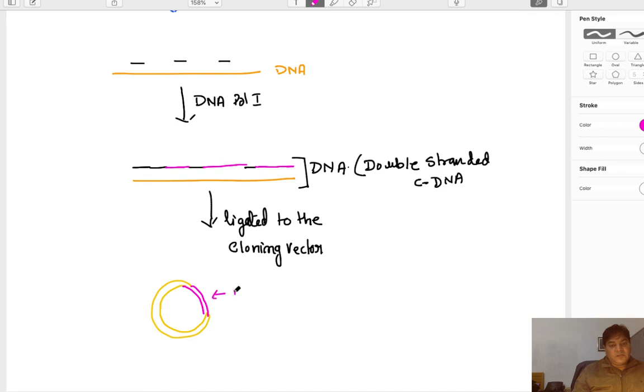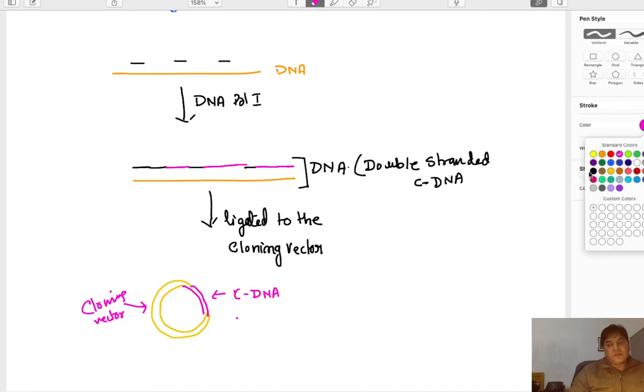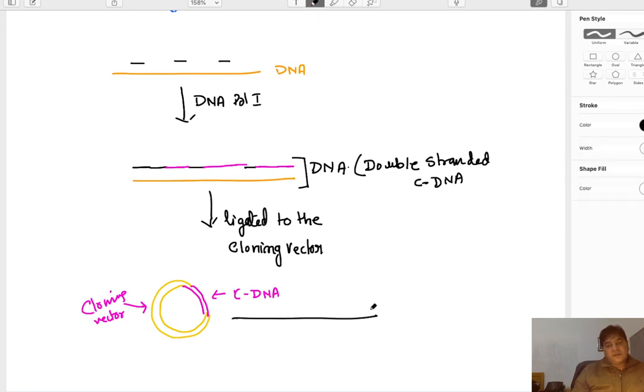So this is the cDNA, which is the representation of the gene, and this yellow one is the cloning vector, and then the whole structure is inserted inside the bacteria.